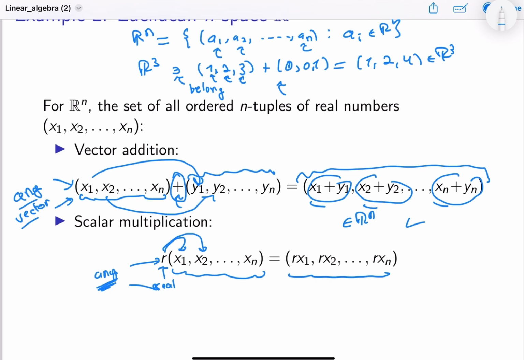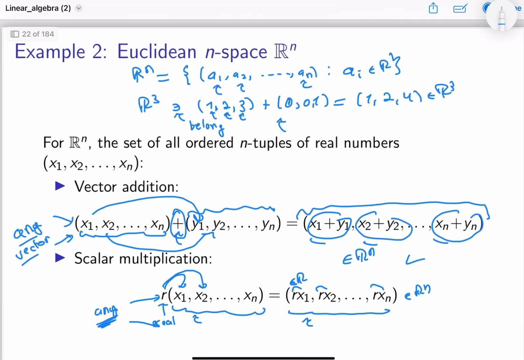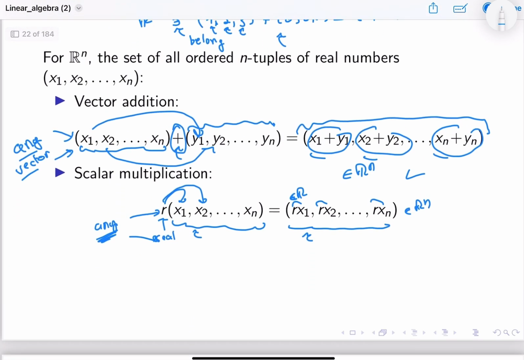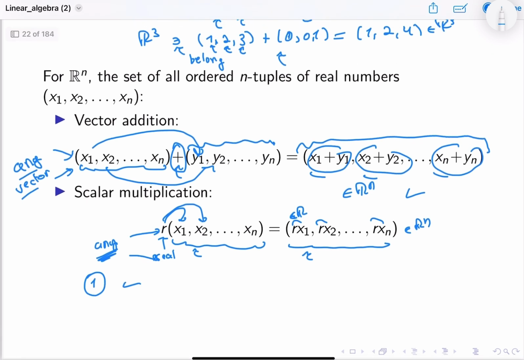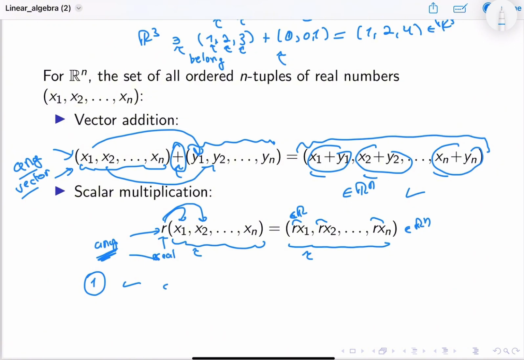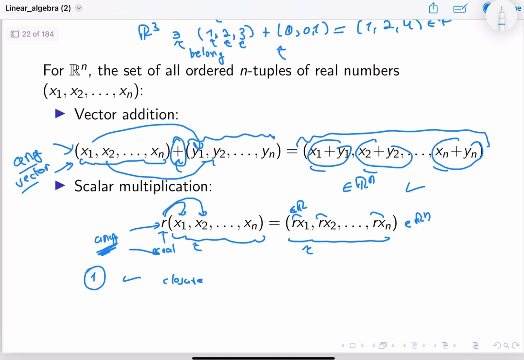So if you start with any real number and any vector, and you multiply these, you get a vector of this form, and hence this is still in Rn, because each and every one of these is still a real number. So with that said, we just checked the first important thing to check when proving a vector space, which is closure. Remember, there are three important things to start by checking.